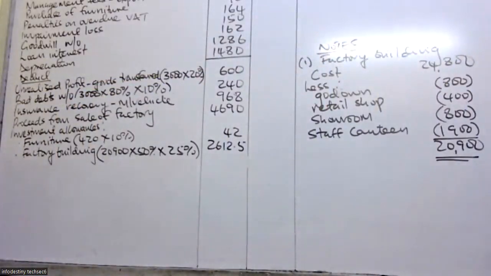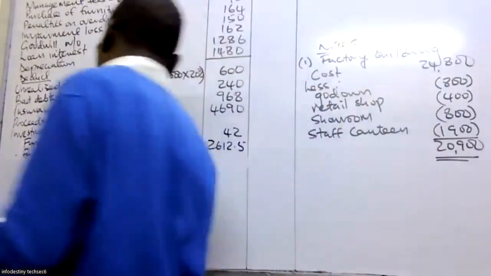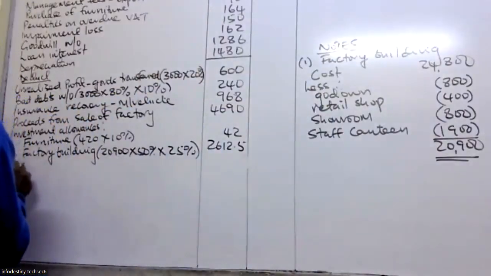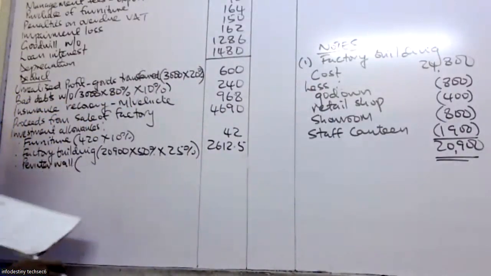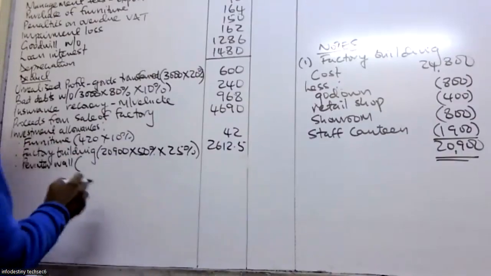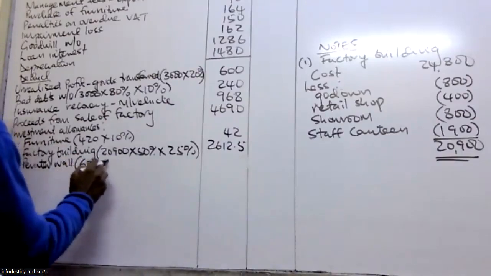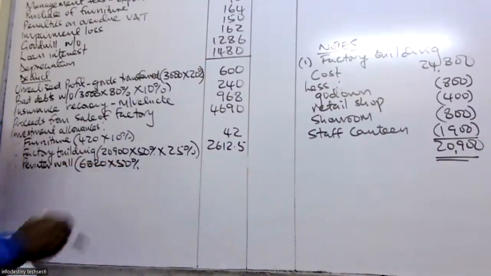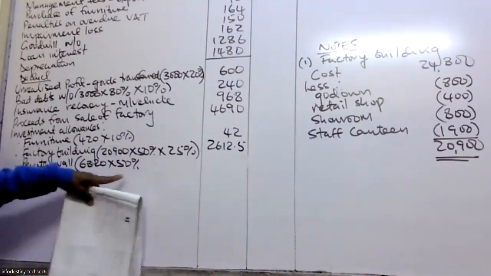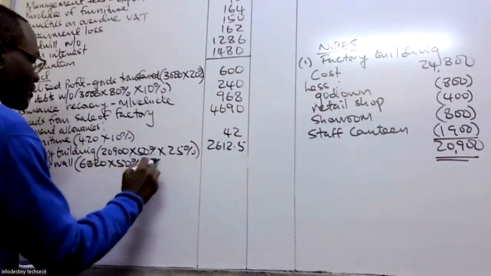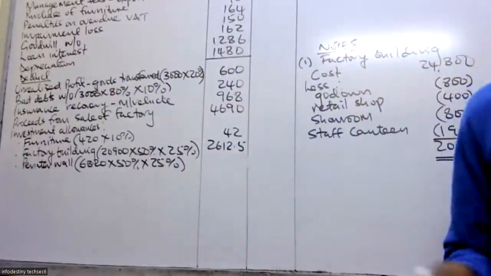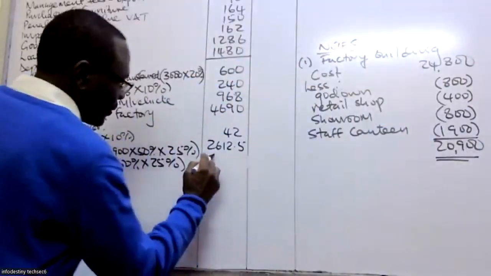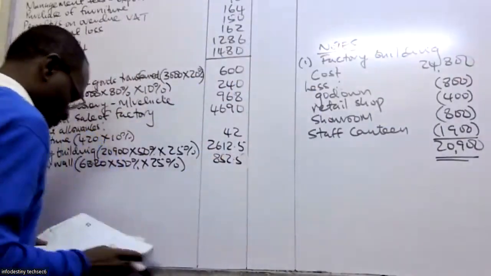Then perimeter wall is still connected to the factory. So you bring in perimeter wall, and we do the same thing for the perimeter wall. The cost was 6,820. Then you get 50% is what is remaining, because the allowance was 50% last year. So 50% of this is what is remaining. Then you get 25% of what is remaining, 25% of the residual. 852.5.